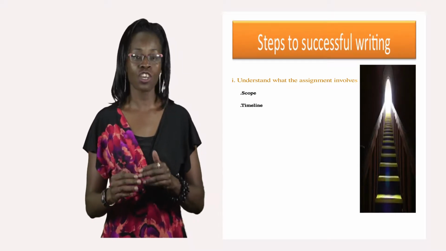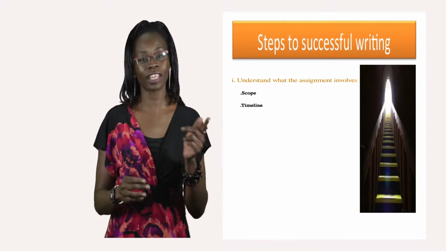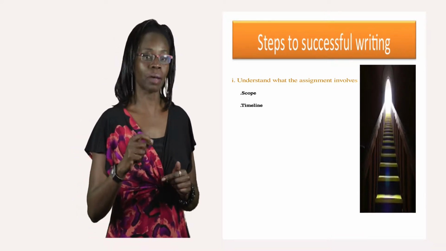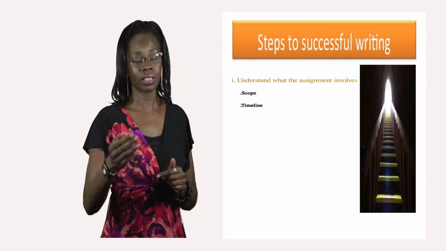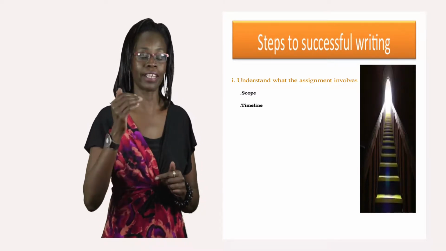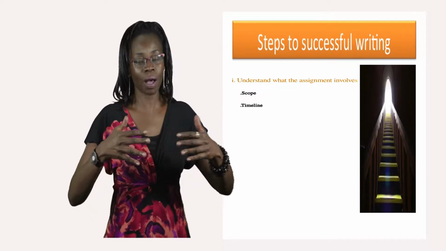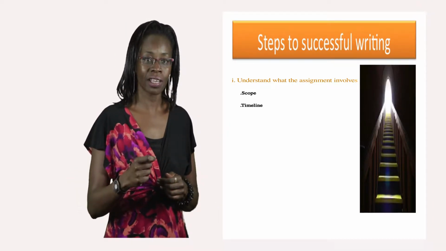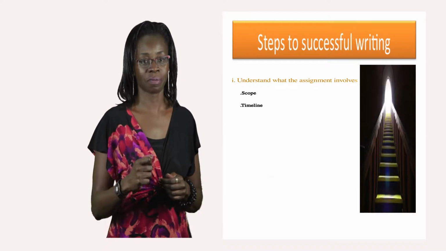Once you know that, you work backwards so that you meet your deadline. And that all depends on what type of a writer you are. Some people write fast, some people write slow. So give yourself ample time to write so that you're not working under stress or under duress.